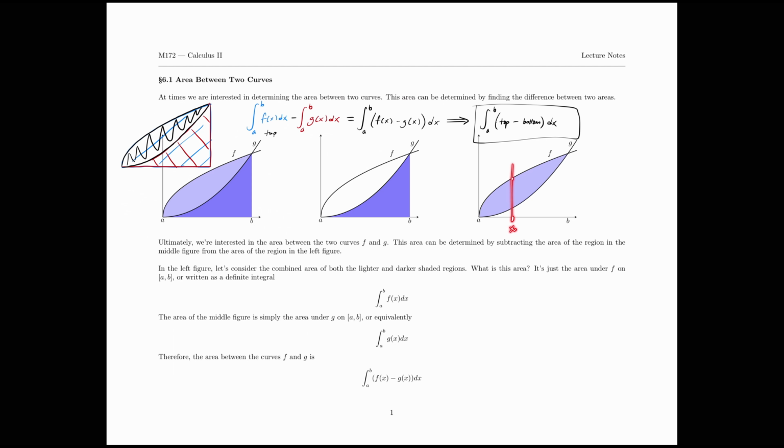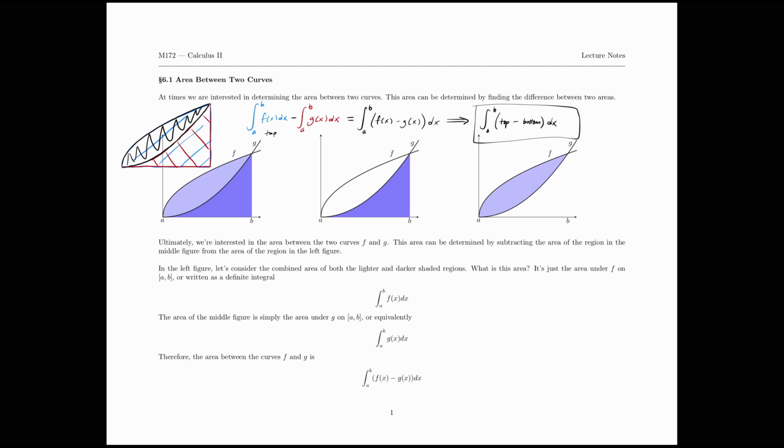So here we notice that f is on top, g is on the bottom. Now, if I move this x value somewhere else within our region A to B and I draw a vertical line there, again, f is on top, g is on bottom. And it doesn't actually matter where I draw this vertical line. No matter where I draw it, I always see that f is above g.